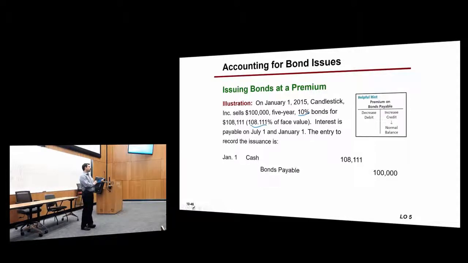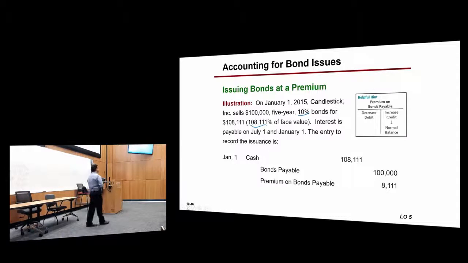Bonds payable 100,000. The difference between the two will be credited to premium on bonds payable. So this one will be added to the carrying value. This one will be added to bonds payable.